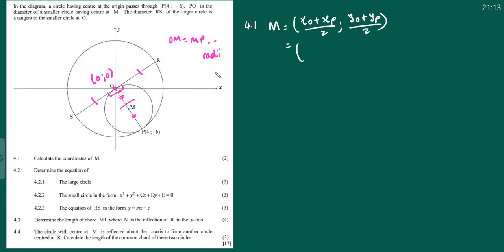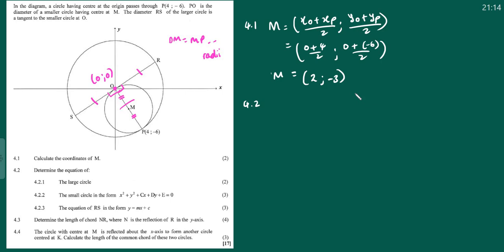The x coordinate of O is 0, and then the one for P is 4, over 2, right? The y of O is 0, and then the y of P is negative 6, right? And then you divide by 2. So 4 divided by 2 is 2, and then you get negative 3. So those are the coordinates of M.